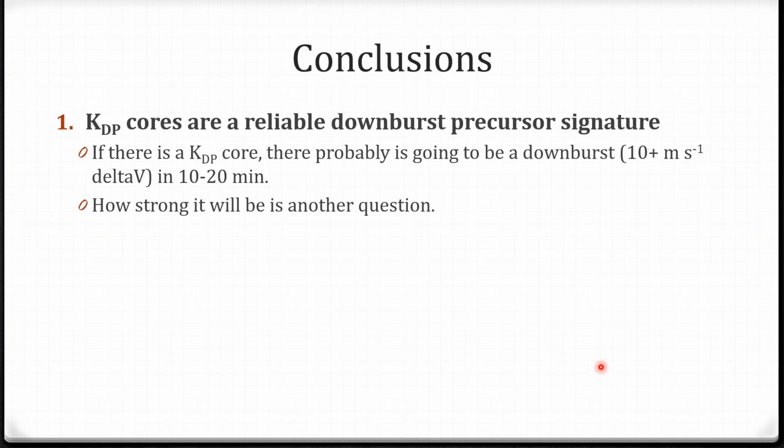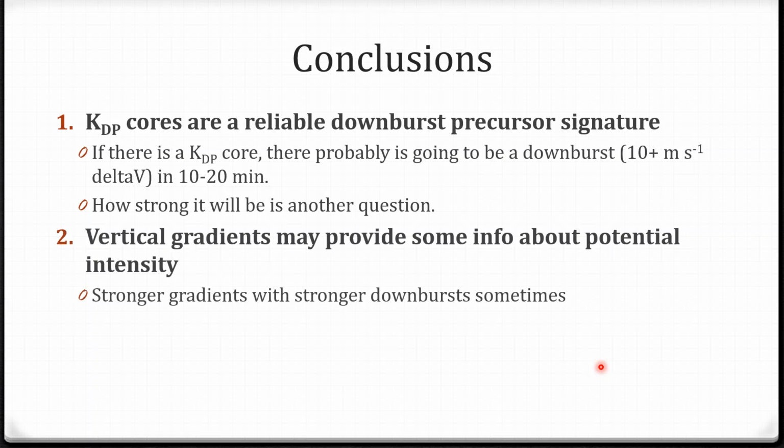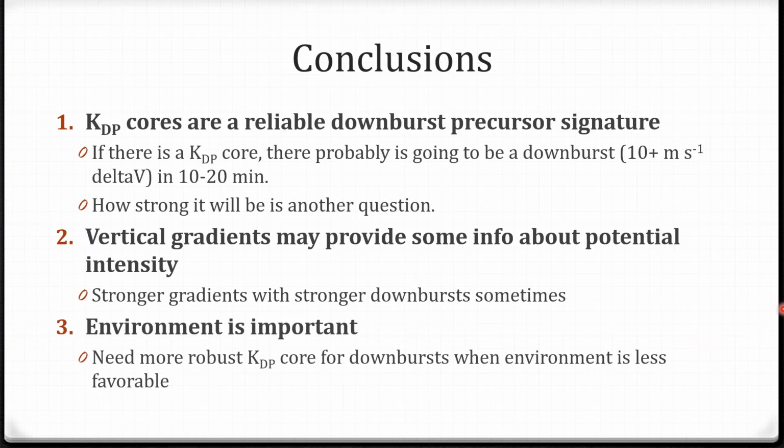Now the strength of that downburst is a separate challenge, but it is possible that vertical gradients of KDP could provide some more information about that potential intensity, with stronger gradients most of the time being associated with a stronger downburst. Then lastly, and not surprisingly, environment is important. We have found that it looks like you need a more robust or stronger KDP core for a downburst to occur if the environment is less favorable for downburst development in the first place.